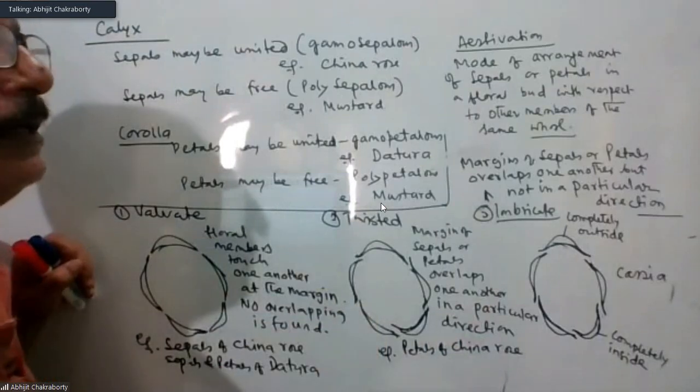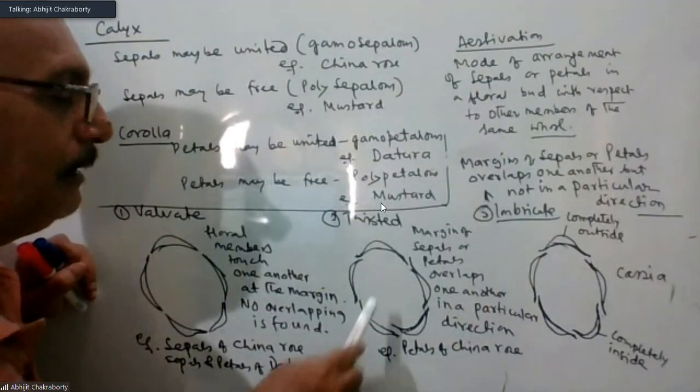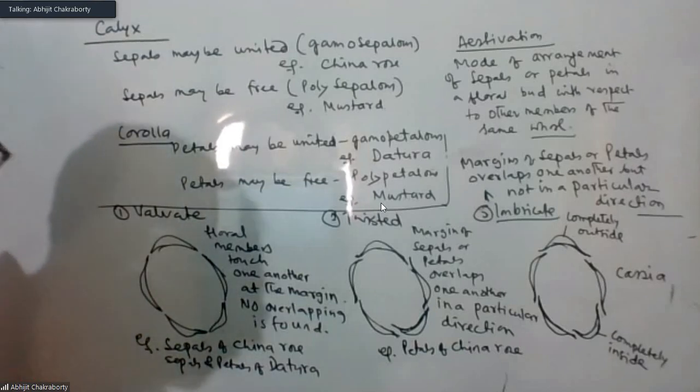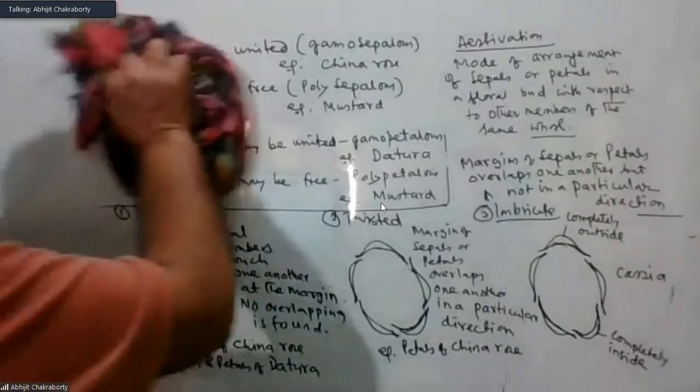How can a particular direction be maintained? But why is it maintained in the twisted? Last one is the vexillary.